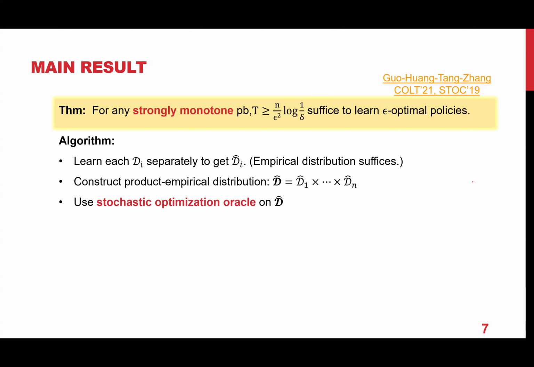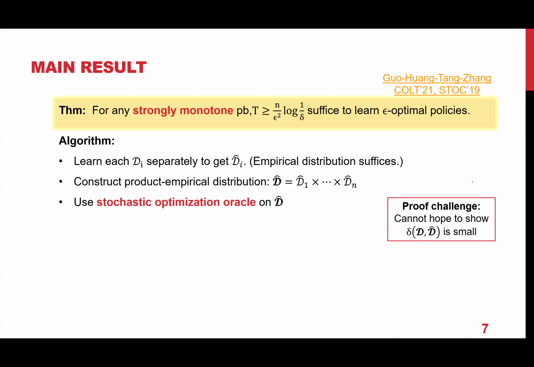Construct the product empirical distribution, the product of these learned di hats, and feed it to my offline stochastic optimization oracle. Whatever algorithm I get, the claim is that this algorithm is already epsilon optimal, as long as your stochastic optimization problem is strongly monotone. Does it make sense?